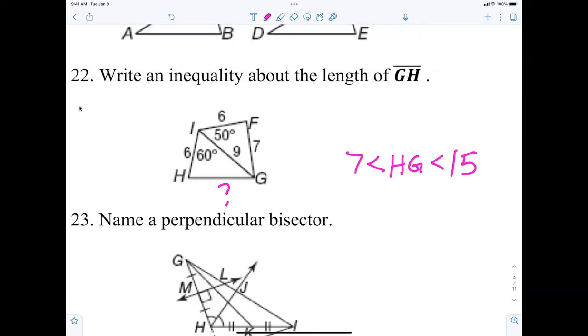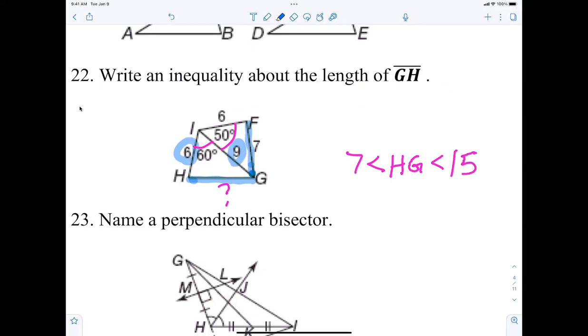Yes. So here again, we have this angle and this angle, right? If this side is 7, that means this side has to be greater than 7. That makes sense, right? And so now the third side has to be less than the sum of these. Do you agree with that?